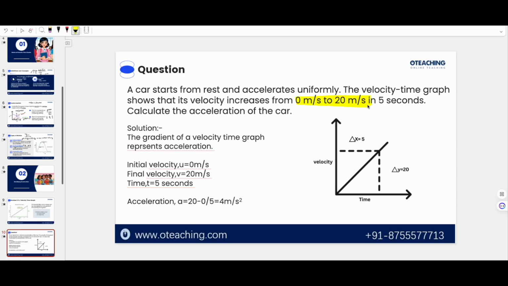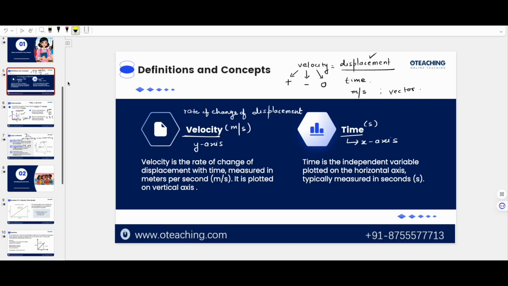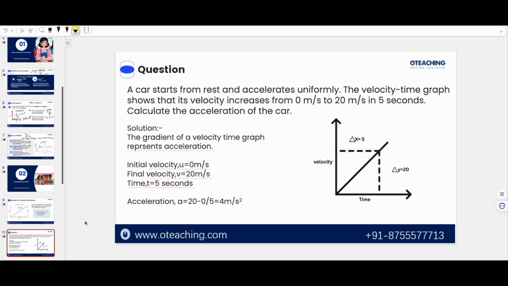Now, 0 was your initial and 20 was your final, correct? Which is shown here, that velocity is 20 meter per second. What is the time given? 5 seconds, right? Now, what does acceleration mean here? Acceleration is v minus u by t.